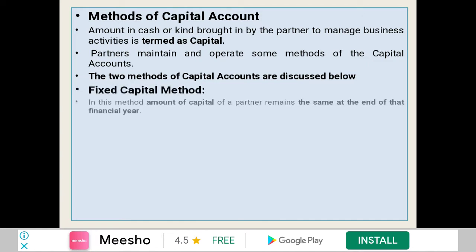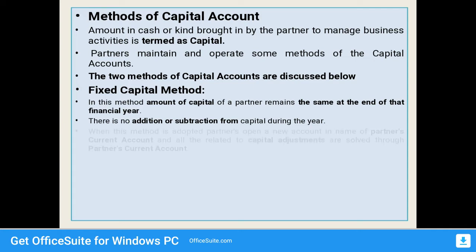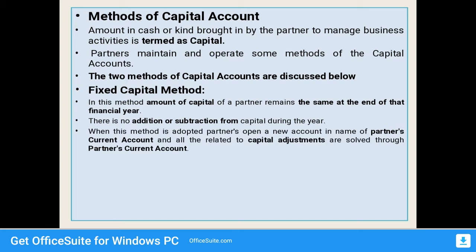fixed capital method. In this method, the amount of capital of a partner remains the same at the end of the financial year. There is no addition or subtraction of capital during the year.